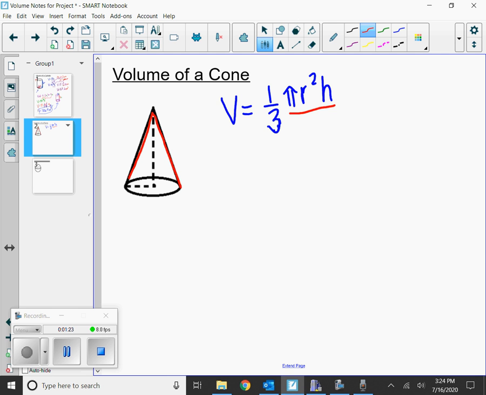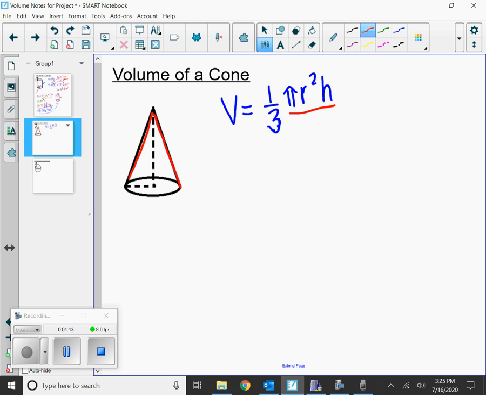So what happens is, if we had a cylinder and a cone that had the same radius and the same height, the cone would be exactly 1/3 the size of that cylinder. So that's why our formula looks this way.